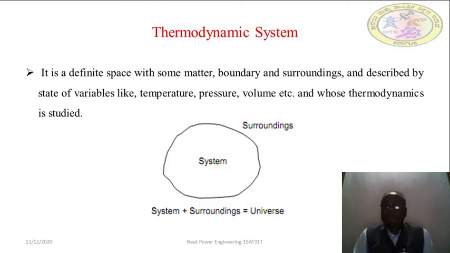Pressure. As we all know, the atmosphere has some pressure. Because it is open to the atmosphere, its pressure is equal to atmospheric pressure. That pressure describes the state of the system. So what is the pressure of the system? The pressure of the system is atmospheric pressure. This is how pressure also describes the state of the system.